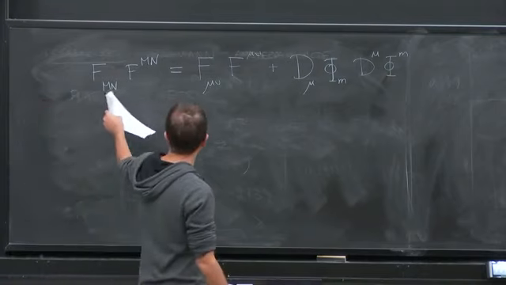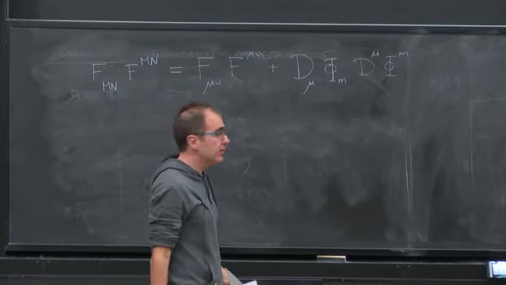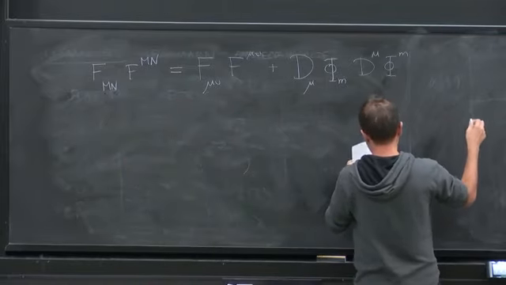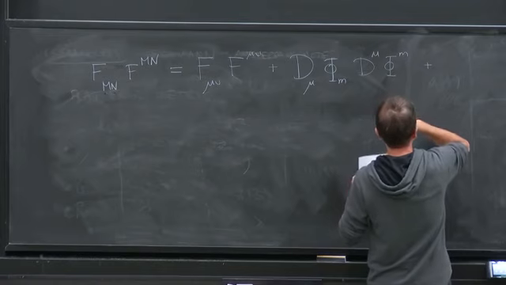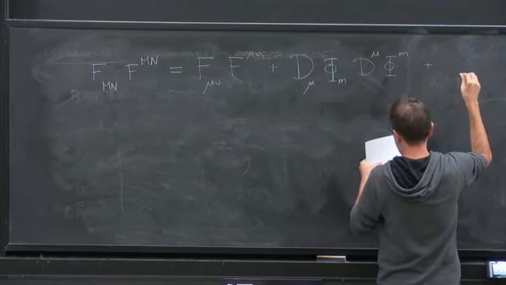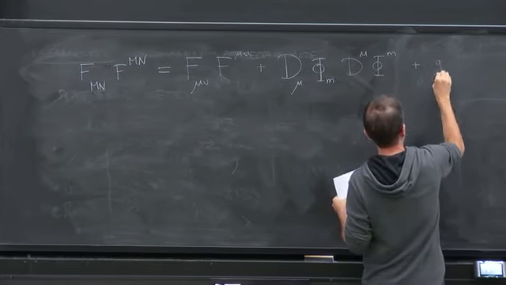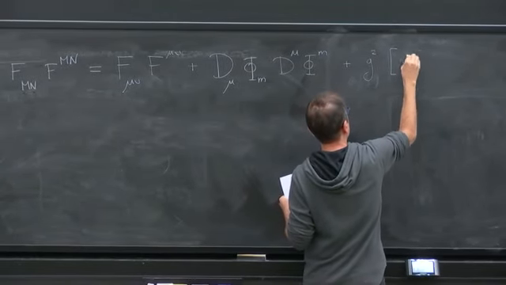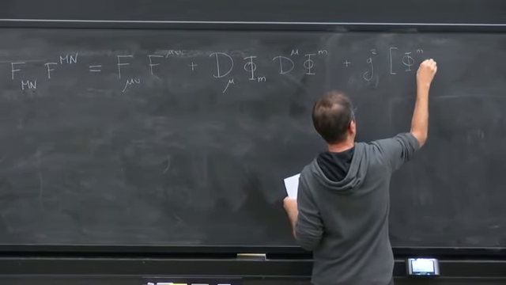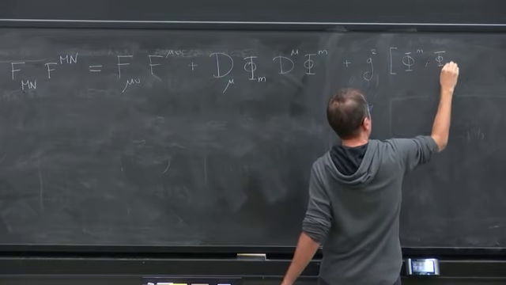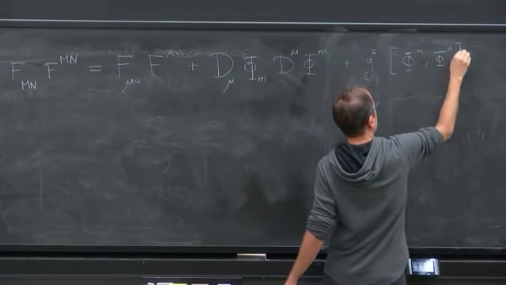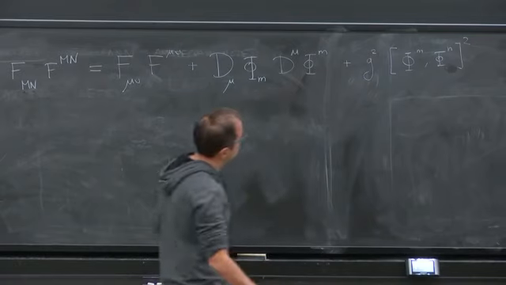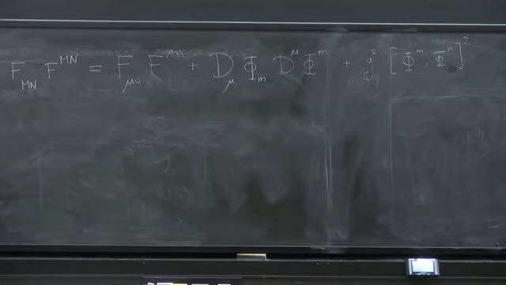And if both indices are in the directions m and n, we would get plus g squared times the commutator [φ_m, φ_n] squared from the interaction term.